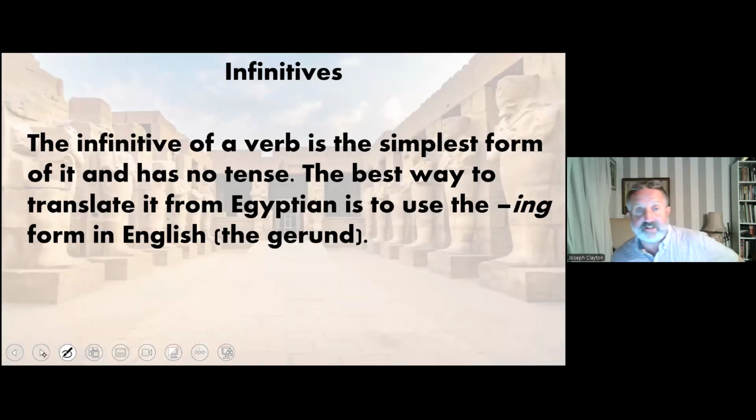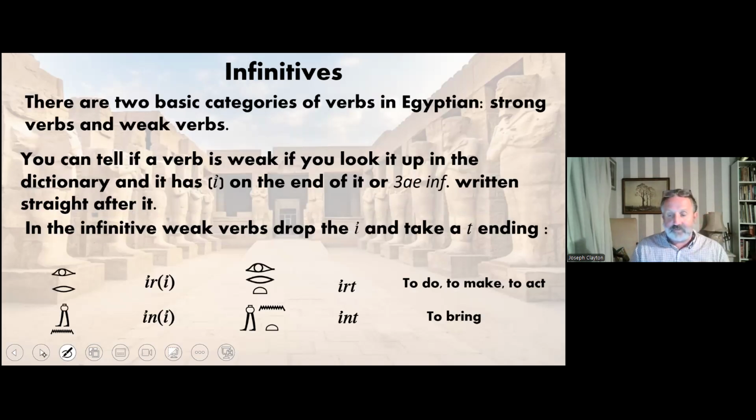Right, infinitives. We did these as well, didn't we, for the verbs. So an infinitive of a verb is the simplest form of it and has no tense. The best way to translate it from Egyptian is to use the -ing form in English, which is called the gerund. There are two basic categories of verbs in Egyptian: strong verbs and weak verbs.